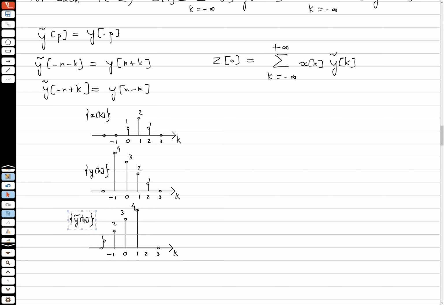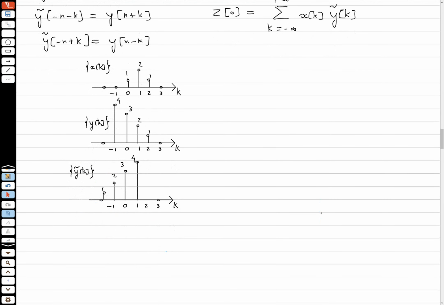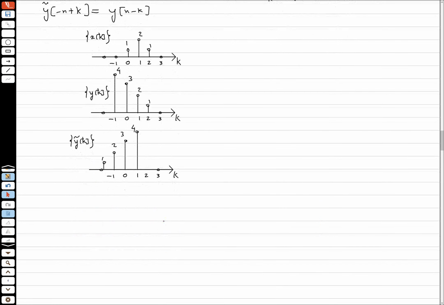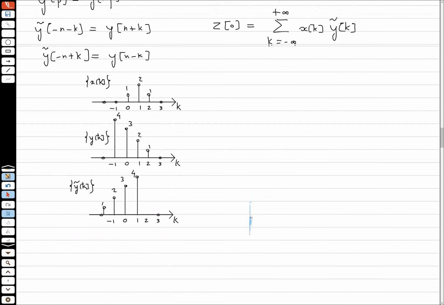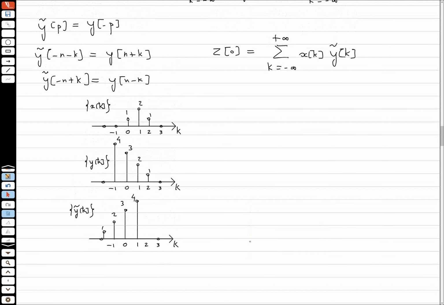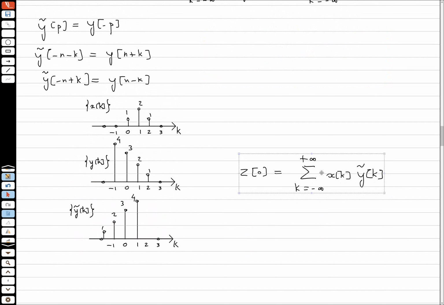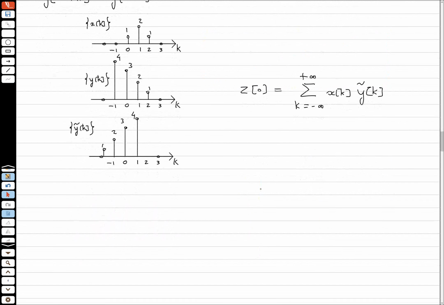All right, so I have the flip version of y, and then you can start doing the inner product. So the dot product, if you prefer that expression. And what do you find? So can you do it? So here we have -2.